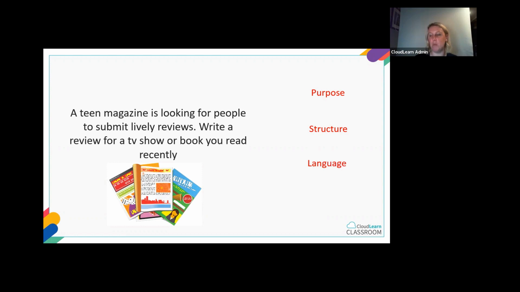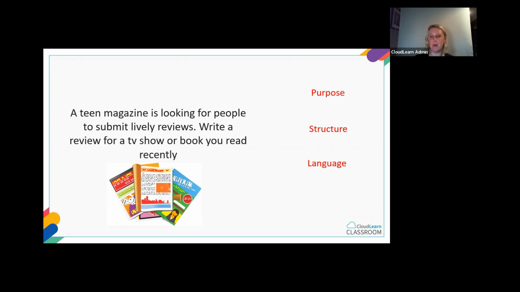Language. You are writing a review in a teen magazine to teenagers. What language, sorry, will you use? Even if you're an adult and you're retaking this GCSE and you have not been around teenagers for 20 years, in the exam, when you are writing this article to teenagers, what kind of language will you use? Persuasive, Tabitha. Yeah, it's a review. You're going to tell them that you want them to read this.